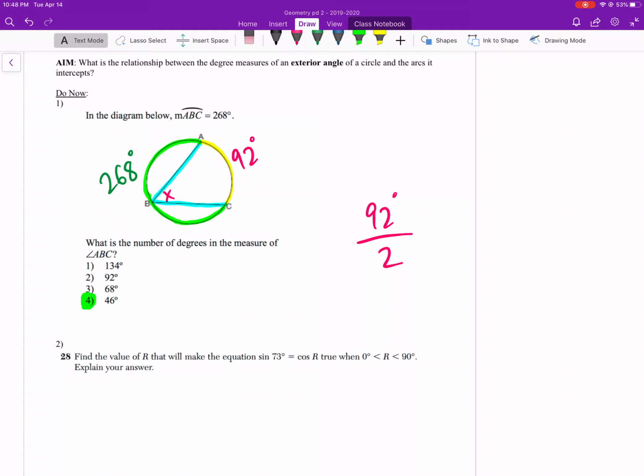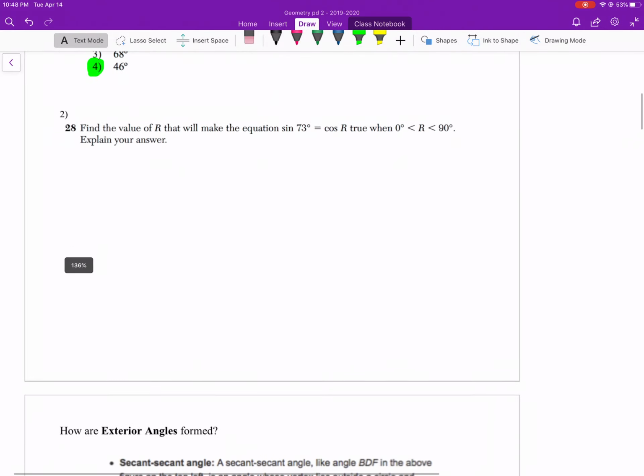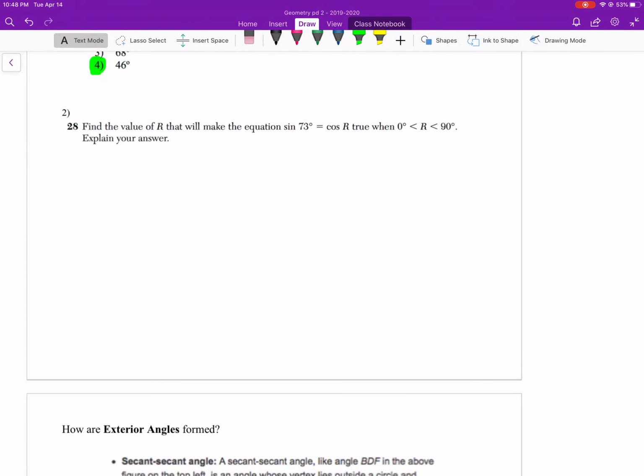Before we get into the lesson, another do now question, a 2-point Regents question, number 28 on a Regents. A little review here. Find the value of r that will make the equation sine of 73 degrees equal to cosine of r true when r is between 0 degrees and 90 degrees.